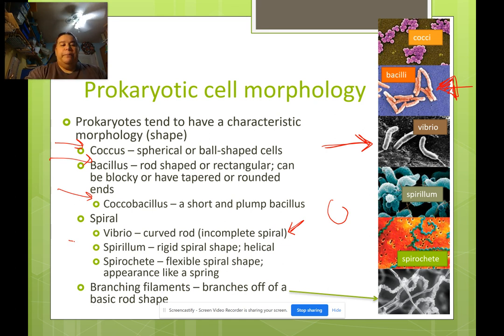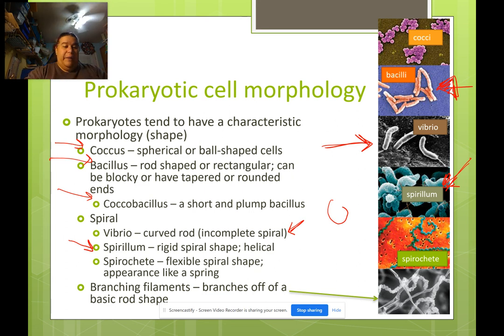Now, spirillum. Spirillum are a spiral shape, and you can see them right here, okay? But they are rigid. They don't bend around like a slinky. They're a shape and that's it. They don't necessarily have any flexibility to them.